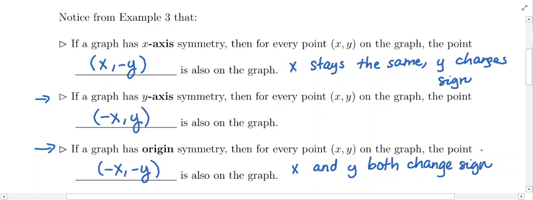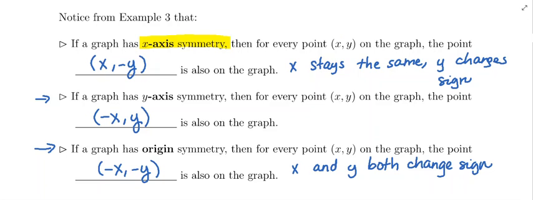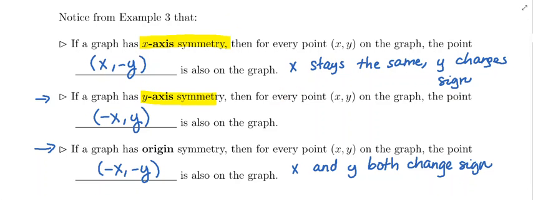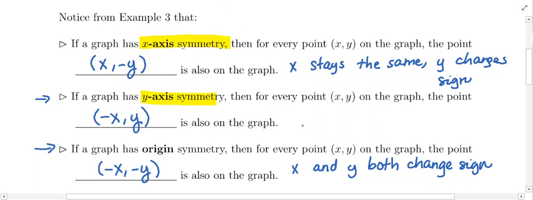Let's recap here. If you are dealing with x-axis symmetry, if you start with a point (x, y), that point will get sent to (x, -y), meaning x will stay the same and y will change sign. If you are dealing with y-axis symmetry, if you start with a point (x, y), that point is going to get sent to (-x, y).